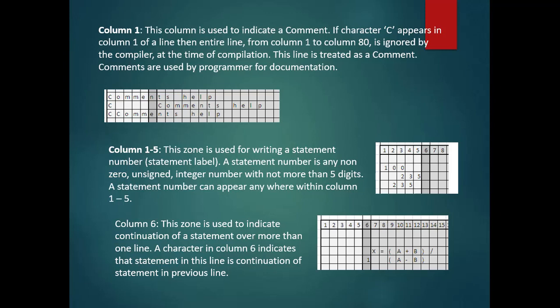Whenever you want to write any kind of comment, it is to be written in that particular line. Just write down C in the first column, so you will get the comment line. So you can see the example that in the first line there is a C written, and then the comment, help.